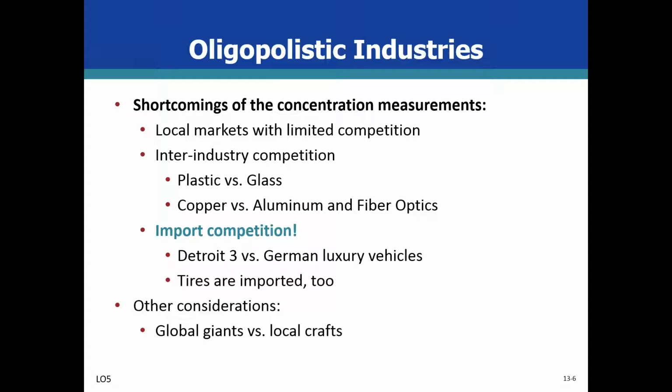Concentration ratios are based on somewhat arbitrary definitions of industries. Yet consumers have alternatives outside of the specific industry. For example, tableware can be made of plastic instead of glass. Builders and electronics technicians can use either copper, aluminum, or fiber optics in their applications.